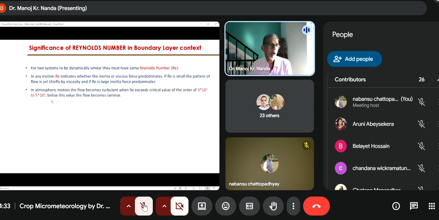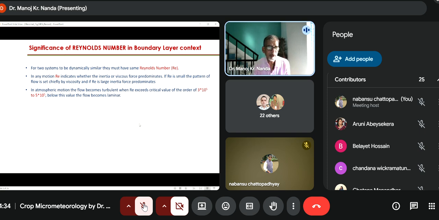Now, usually the threshold limit is 3 lakh to 5 lakh. As Reynolds number exceeds 5 lakh, the flow becomes totally turbulent. If Reynolds number is below 3 lakh, then it is laminar. This is for the open atmosphere, on a plate. If you apply it to a pipe, then the value may be around 2000 to 20,000.